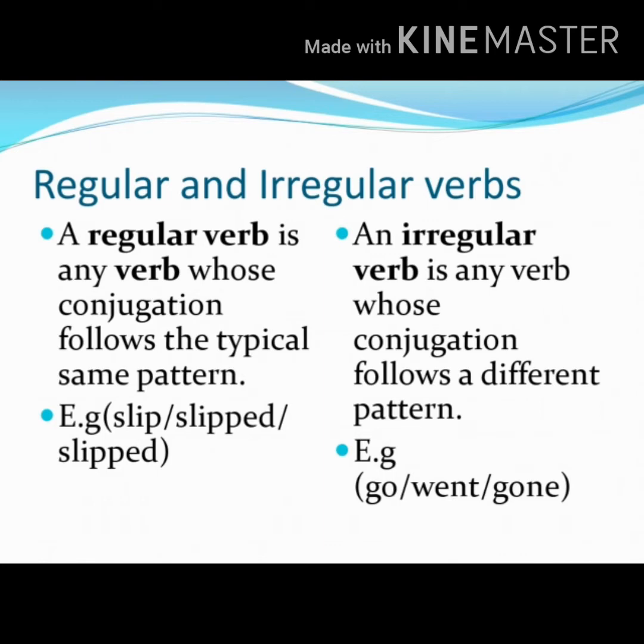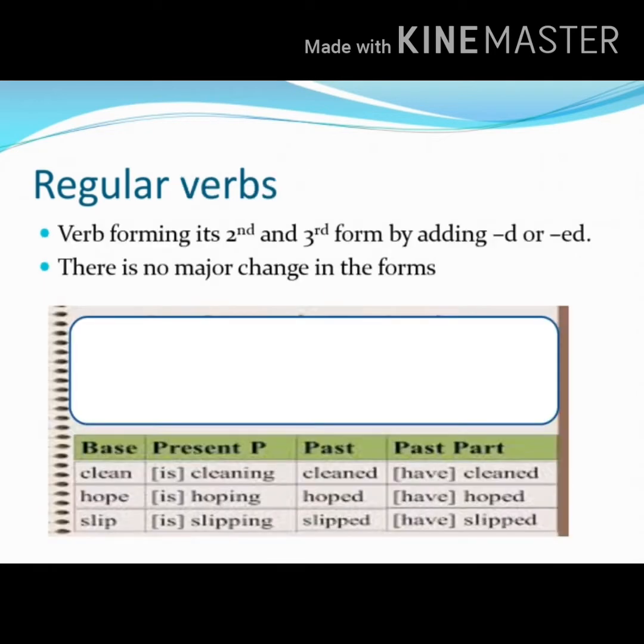The second one is the irregular verb. These are the type of verbs whose conjugation follows a different pattern. For example, go: the past form of go is went, and the past participle form of go is gone. These three are entirely different.